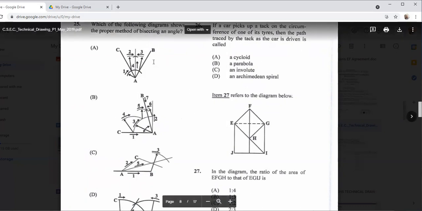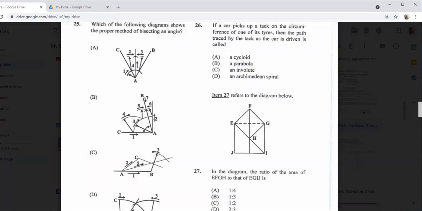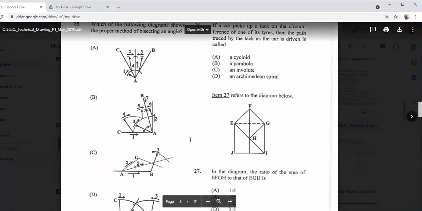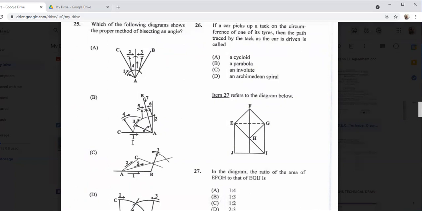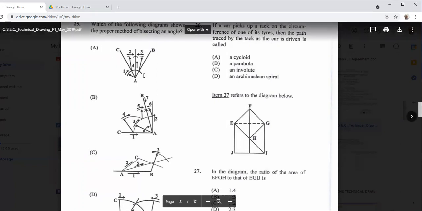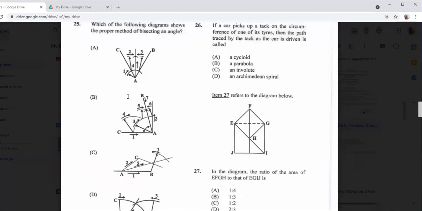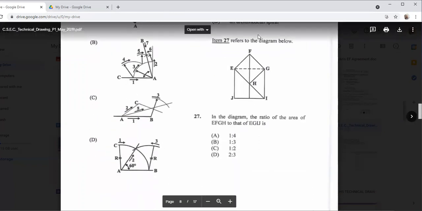That would have been A. So here we draw this, then from this point we square an arc, then from that point we square an arc, so it would have been A. Any question there?